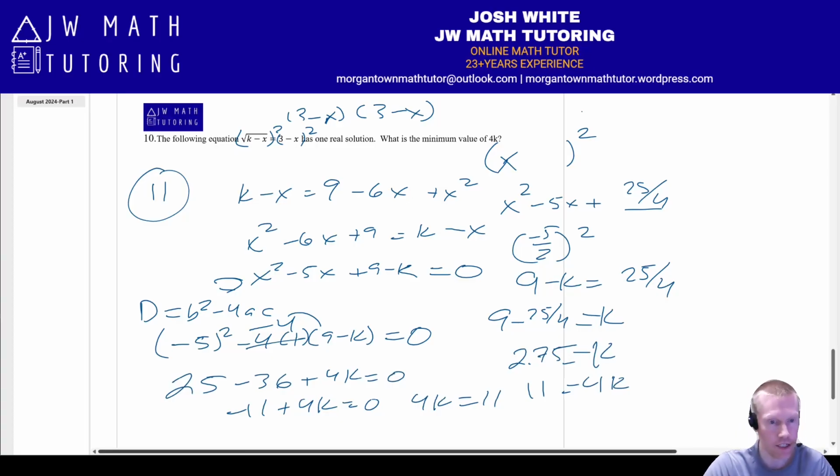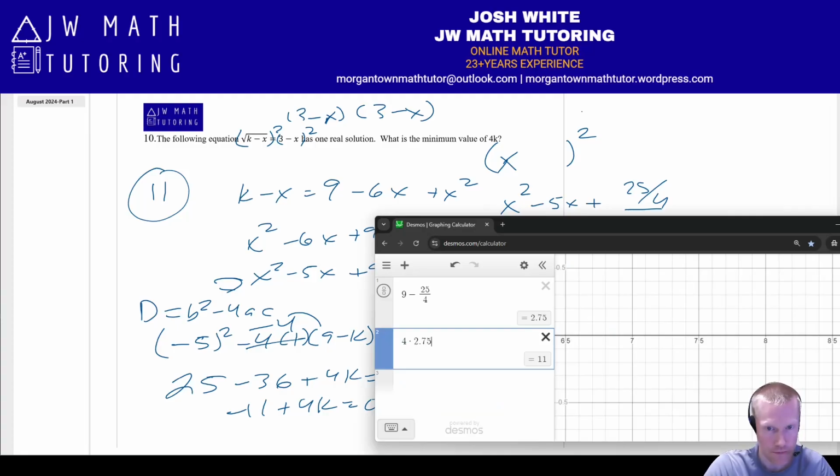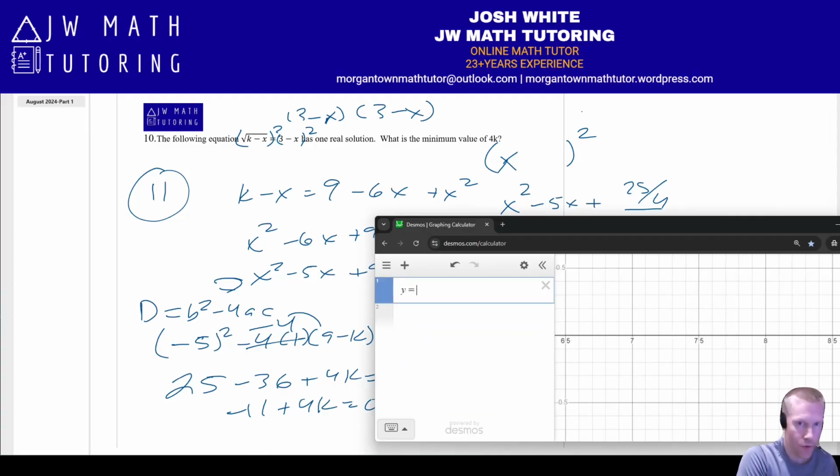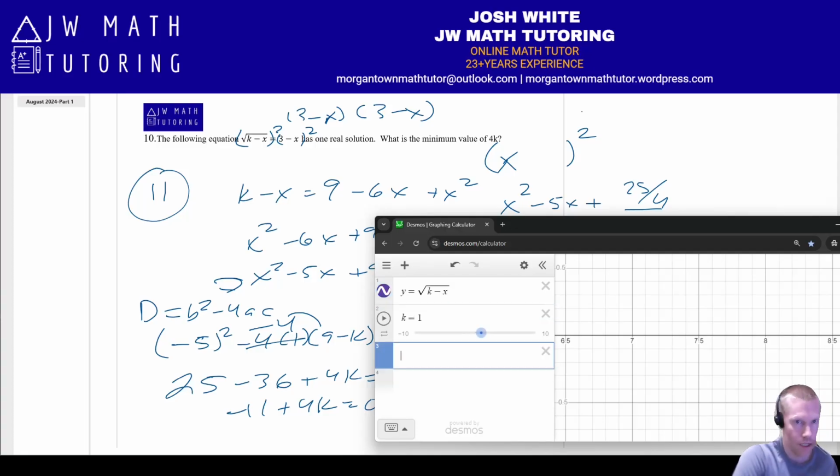You can technically do this in Desmos, but the problem is you're solving for k. Here's the approach I would use. I would graph the thing on the left, and you're going to have to add a slider. And then you're going to graph the right side.